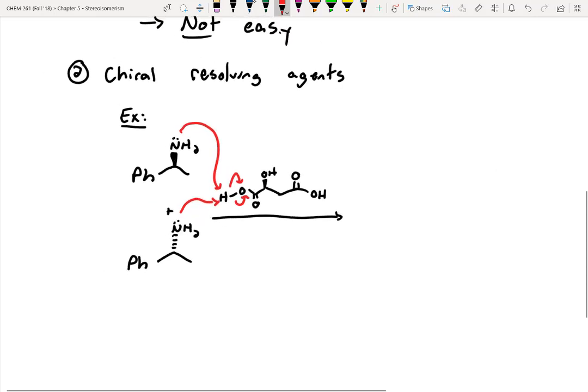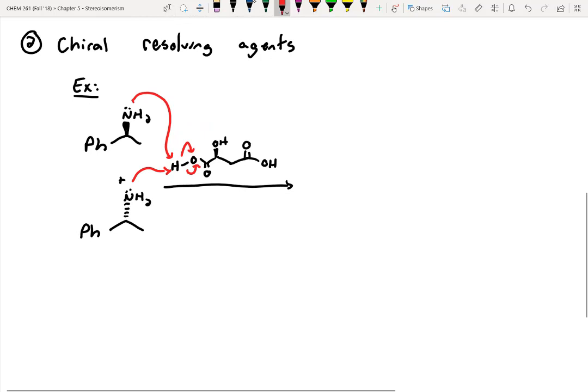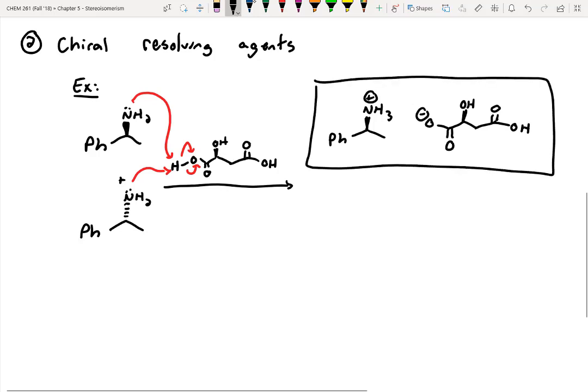And let's take a look at what products we would get out. All right, so for the top one, we would get a phenyl group. Our nitrogen now has an extra proton, so that's our cation, but we also need to account for our anion. So this would be one of the salts that you would get out of the reaction, right?